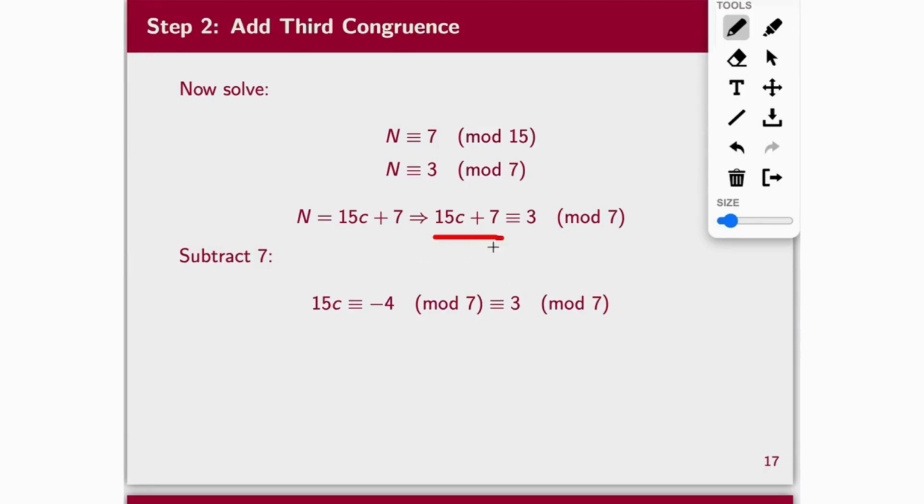So as you can see, 15c plus 7 is congruent to 3 mod 7 because 3 mod 7 is our third congruence. So what I did is I subtracted 7 from both sides, leaving me with this. And then I simplified the negative 4 because negative 4 mod 7 is simply 3. So we're left with 15c is congruent to 3 mod 7.